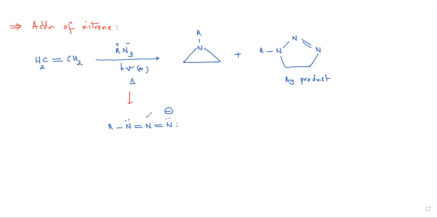This gets a negative charge, and this gets a positive charge because it has only 4 electrons. So it gets a positive charge as it has 1 electron less than what it has to have, whereas this one has got a negative charge because it has 1 electron more than what it has to have. So this is how nitrene is inserted across the double bond.